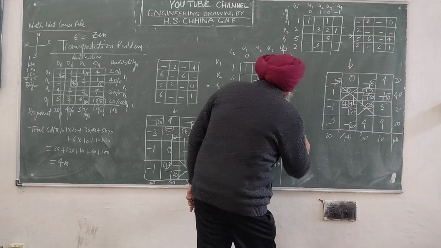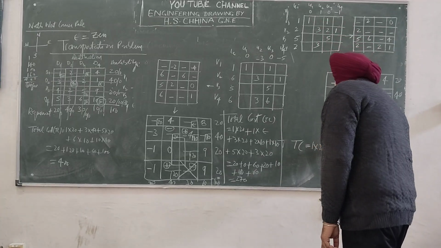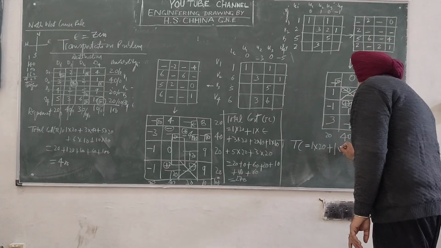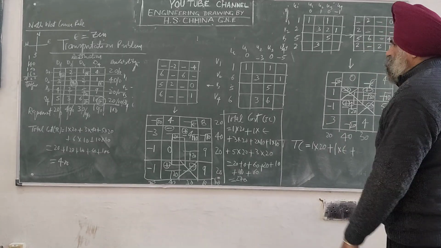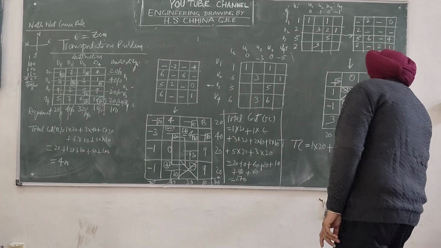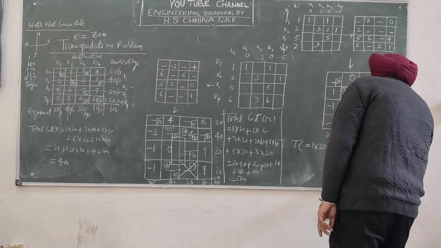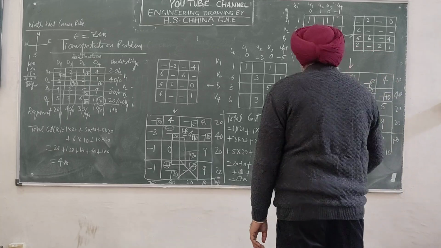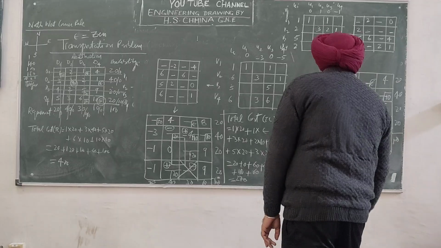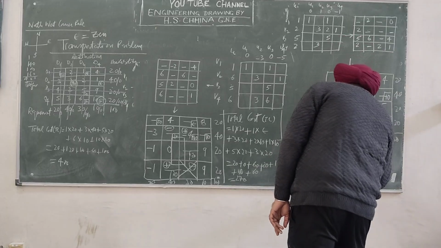Let us calculate the total cost. Easy. When we are calculating the total cost, 1 into 20 plus 1 into 0 plus 2 into 30 plus 1 into 10, clear? Plus 20 plus here 3 into 20.